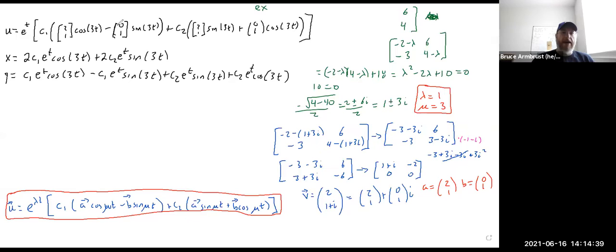So it would have had a 0 c1 sine of 3t, which is why that's not there, and a 0 c2 cosine of 3t bit. So it was only because of that 0 that it went away. And if you go further to the, well, why did those zeros show up? Well, that was the nature of the matrix that was formed from the original system.